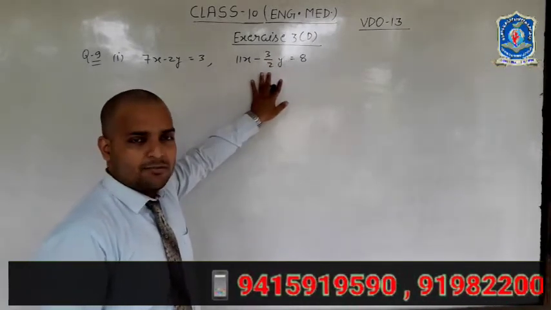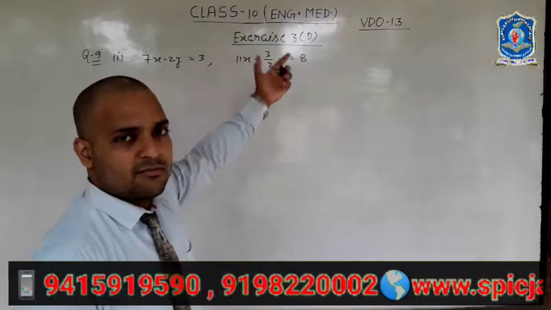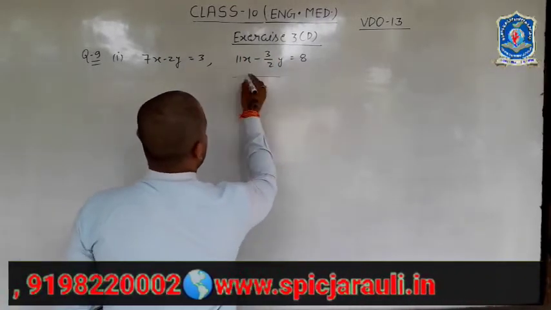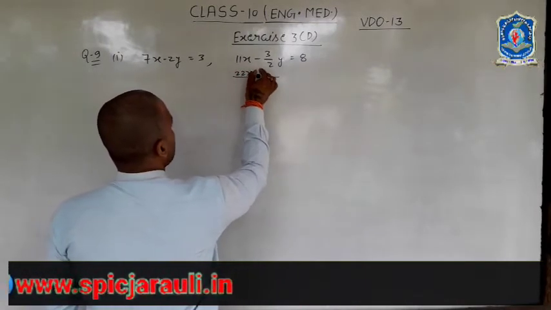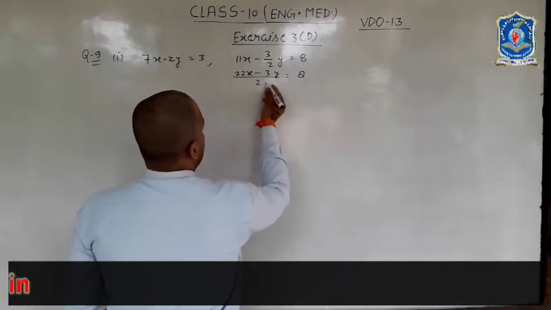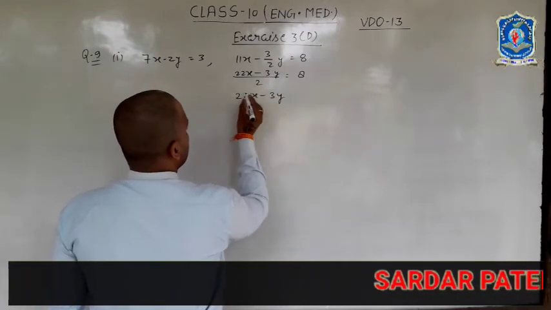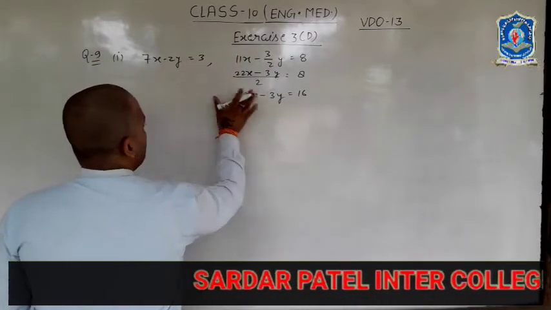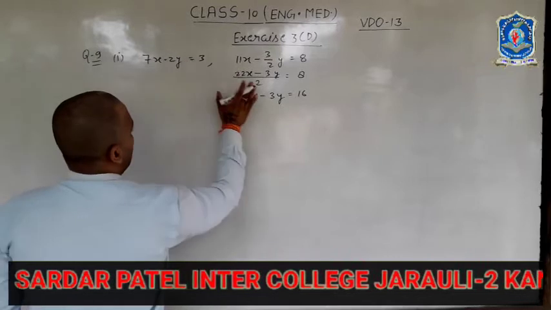This is in fractional form, so we will take the LCM and make it simplest. The LCM is 2, so that will be 22x minus 3y equals 16. These two simultaneous equations are now in simplest form.